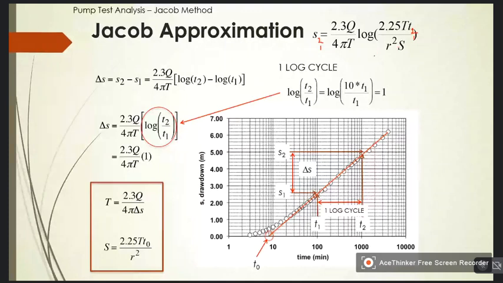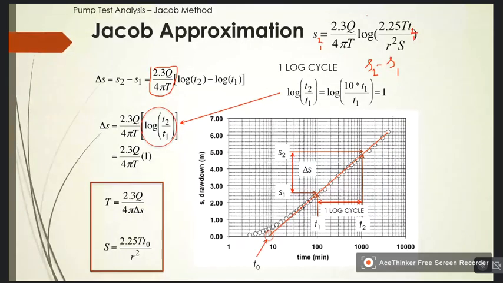Find out S2 minus S1. It will be simply 2.3 Q by 4 pi T log T2 by T1, because this is a constant value.